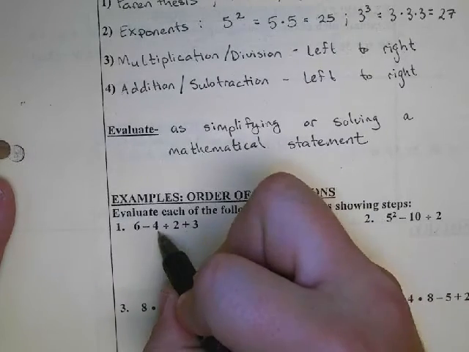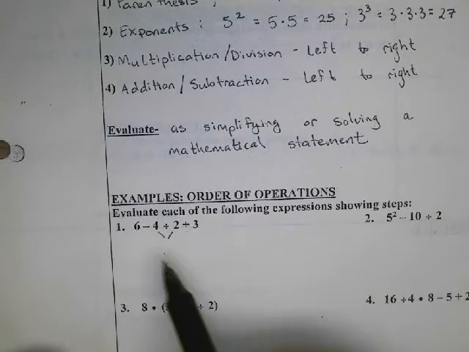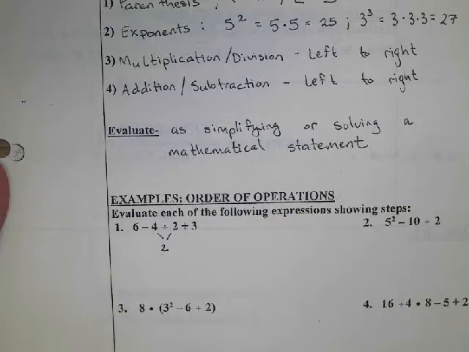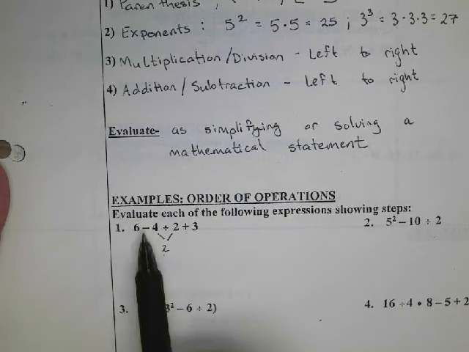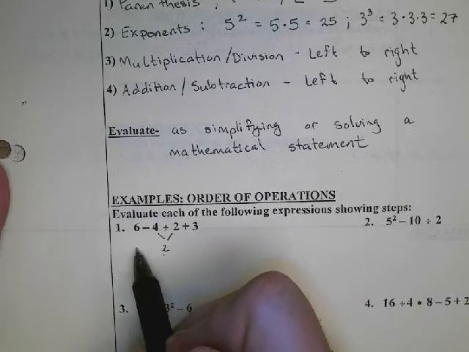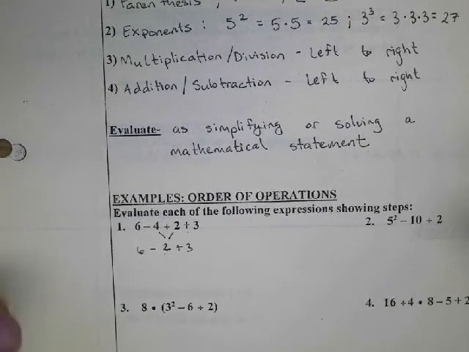So I like to use my little lines to let me keep track of what I'm doing. So 4 divided by 2 would be 2. And what we want to do is rewrite everything that we did not use. So we didn't really use the 6 and the minus, and we didn't use the plus 3. Now here's where that left to right idea comes in.